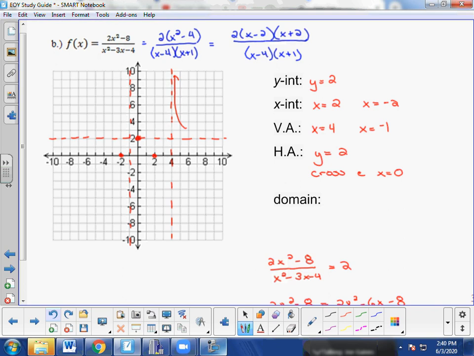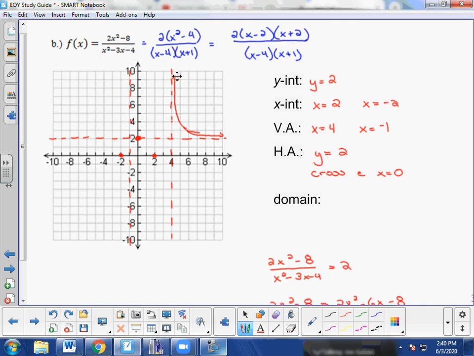This graph is going to have a curve in the upper right, over here to the right of this graph. In the middle section, I know that it's got to go through each of these 2 points. What I also know is that none of my horizontal or vertical asymptotes were repeat factors.